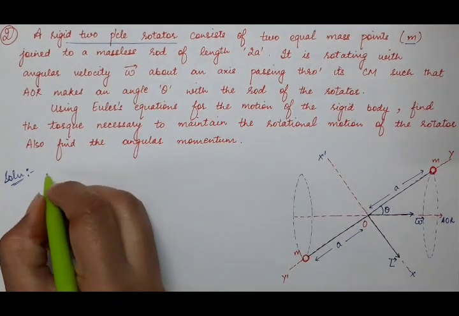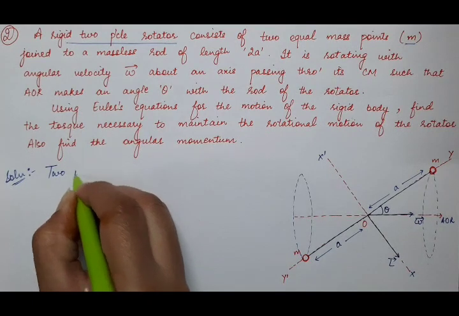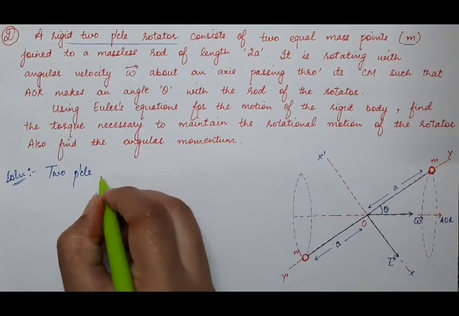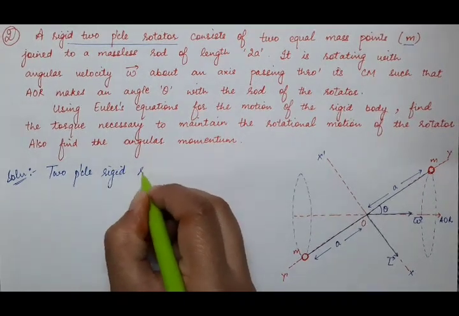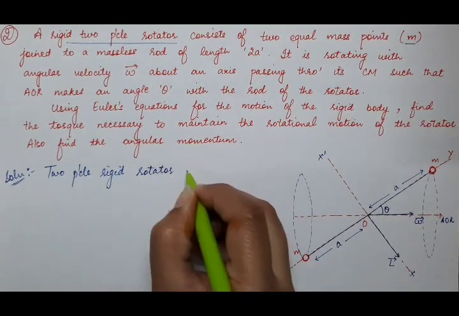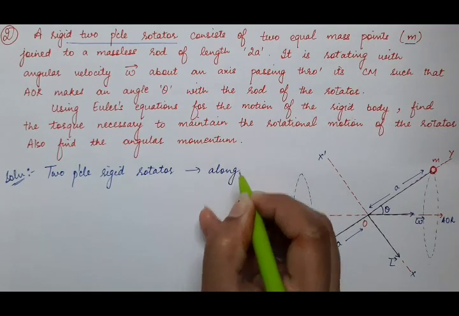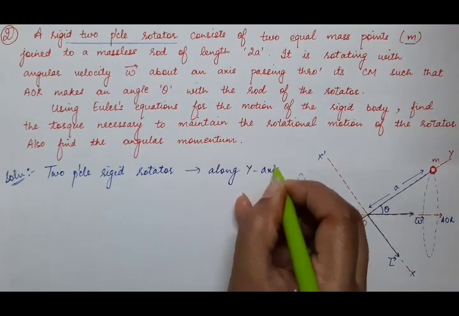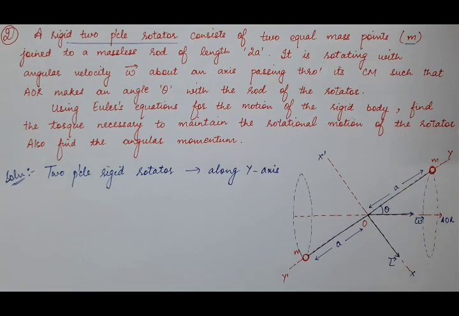So we have taken the two-particle rigid rotator along y-axis, and x-axis is perpendicular to the y-axis but in the same plane. So xy plane is the plane in which this axis of rotation lies.